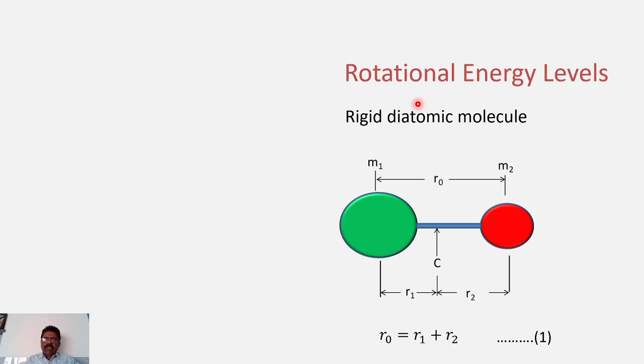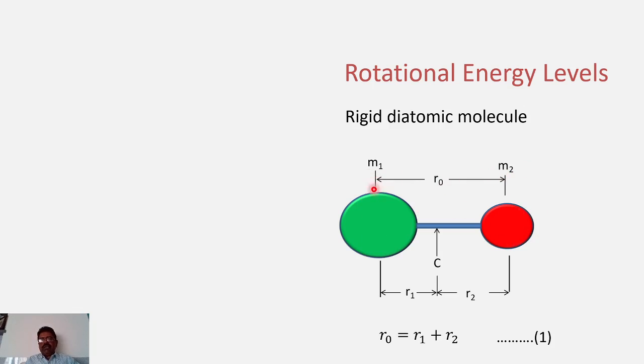The second condition is that there should be no vibrational states of these atoms about their mean position, so the only possibility is that they can have rotational motion. So let us consider this diatomic molecule. The first atom, suppose, has mass m1, this green one, and the second atom has mass m2, this red one.